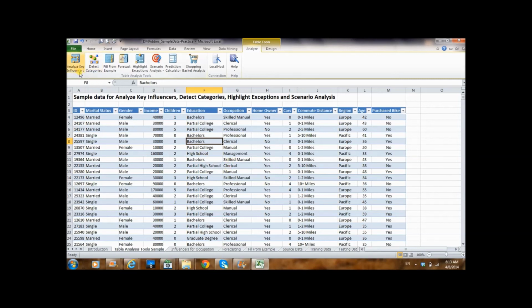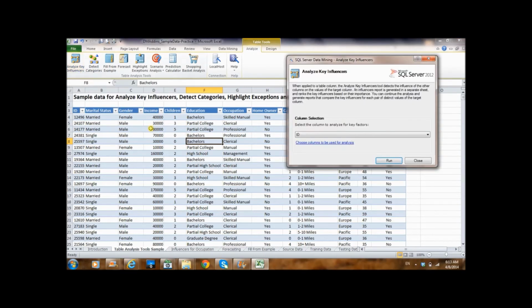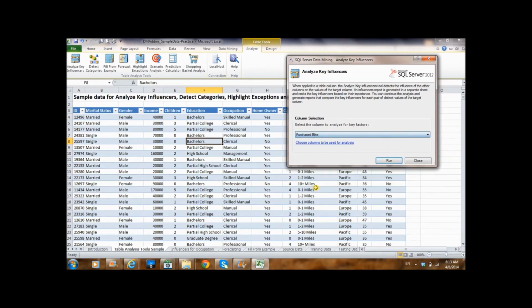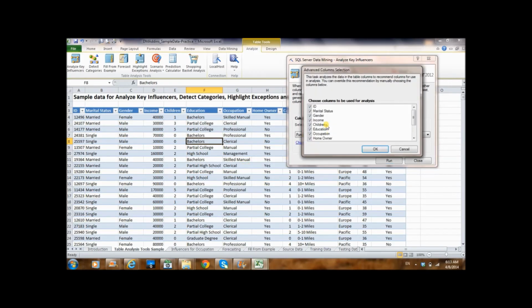So go to Analyze Key Influencers. This time we want to know who's buying bikes. By the way, you can also choose the columns you want to analyze, otherwise it will use everything.